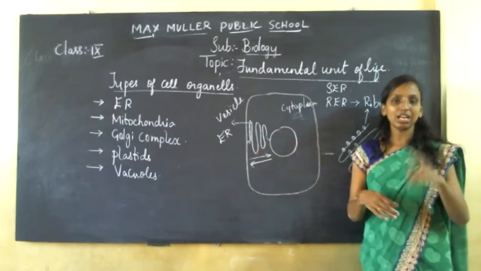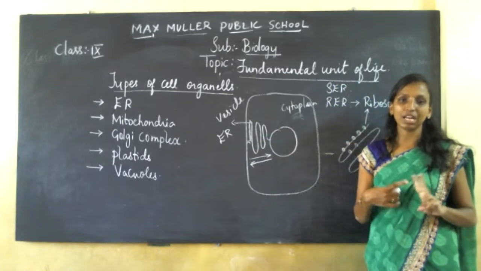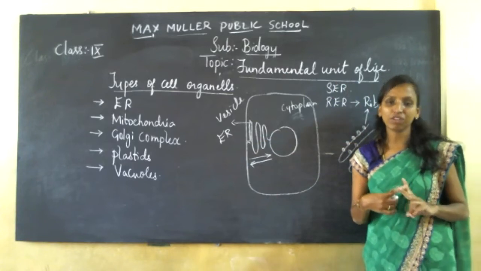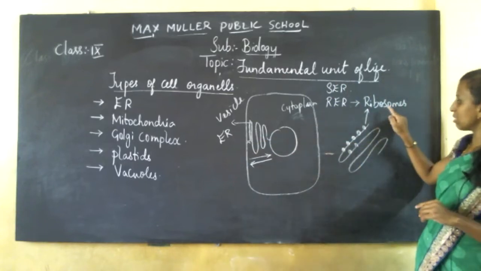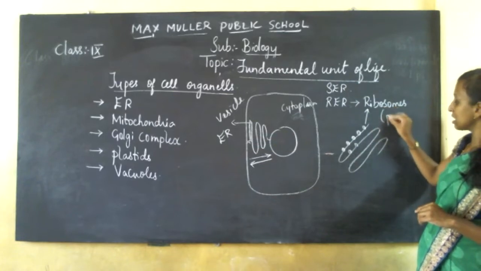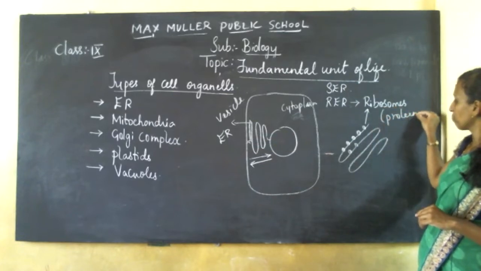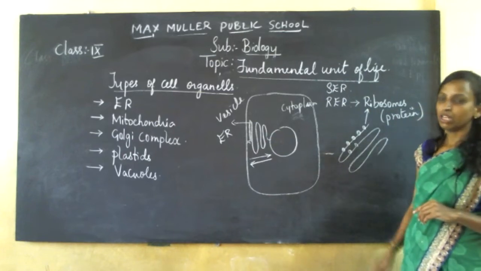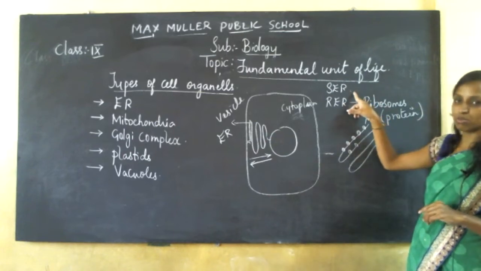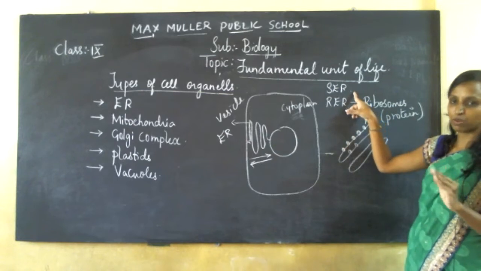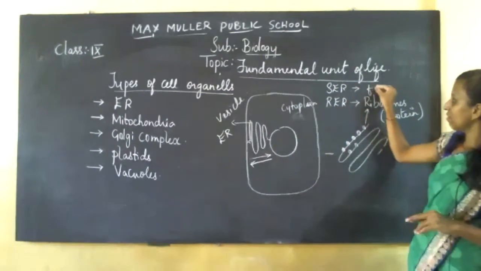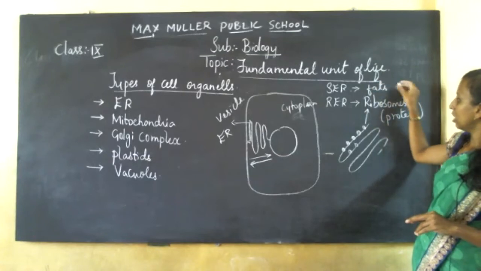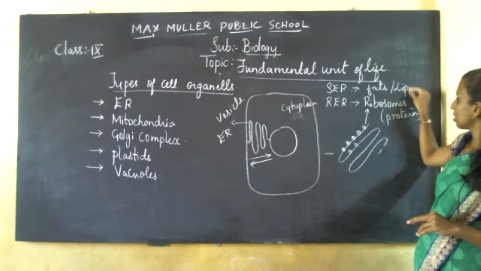Now in the ER, as I told you, there is smooth and rough endoplasmic reticulum. What is the work of rough endoplasmic reticulum? With the presence of ribosomes, they synthesize protein. With the absence of ribosomes, they do not synthesize protein; they synthesize fats and lipids.